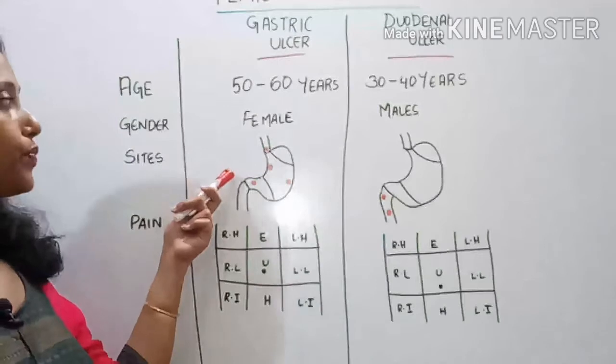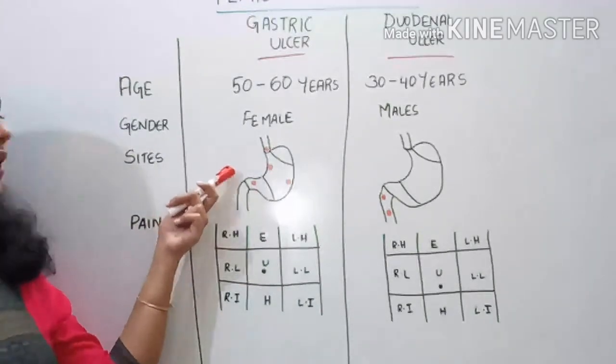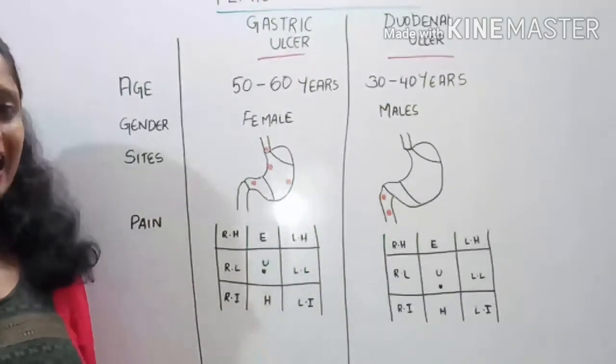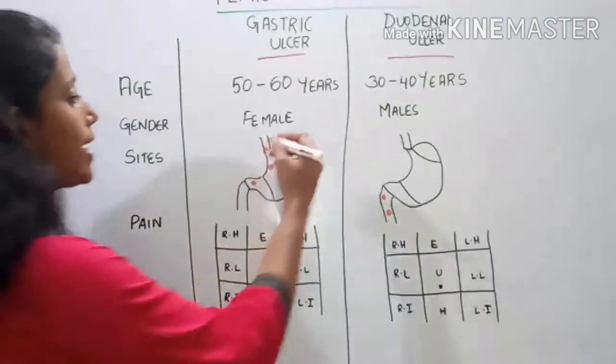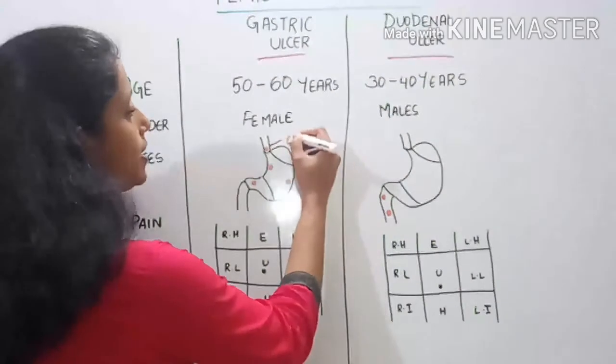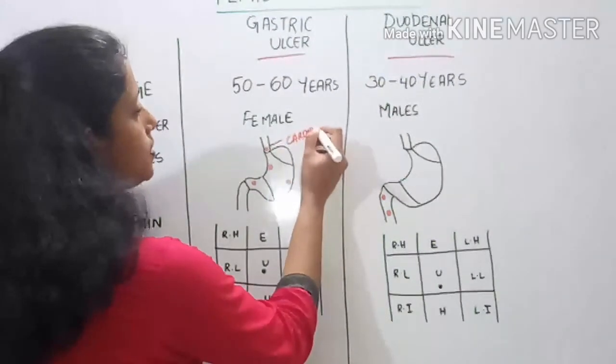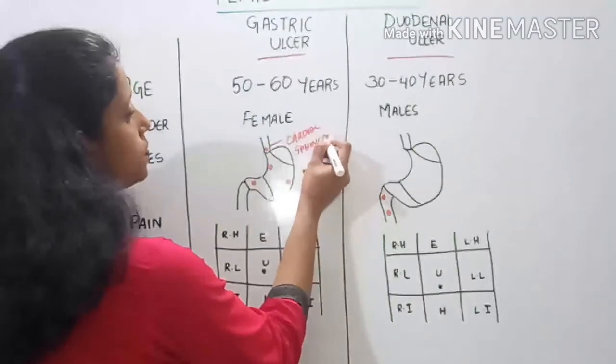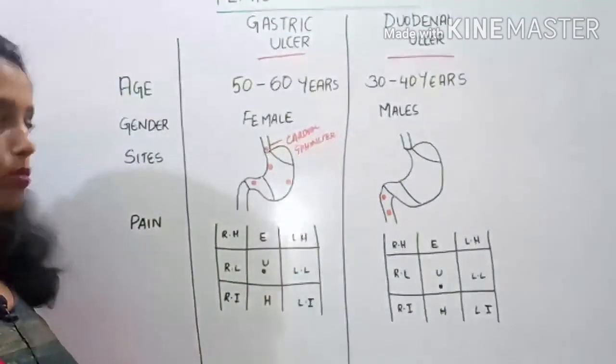Gastric ulcer is usually found in the gastroesophageal sphincter, which is also referred to as the cardiac sphincter. So it is located here. Okay, this is the cardiac sphincter. So here it could be found.